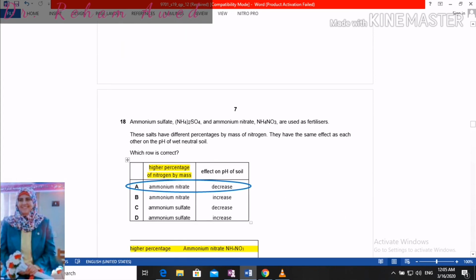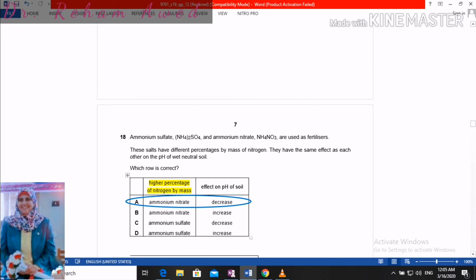Question number 18. Ammonium sulfate and ammonium nitrate are used as fertilizers. These salts have different percentage by mass of nitrogen. They have the same effect as each other on the pH of wet neutral soil. Which row is correct? At first, we want to know which one of ammonium sulfate or ammonium nitrate will have a higher percentage of nitrogen per mass.